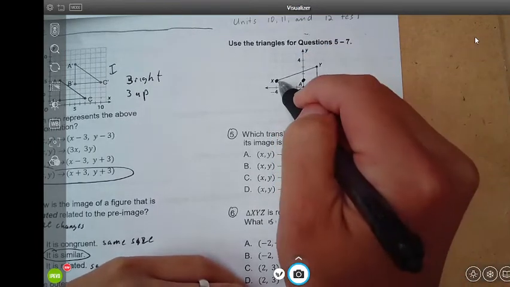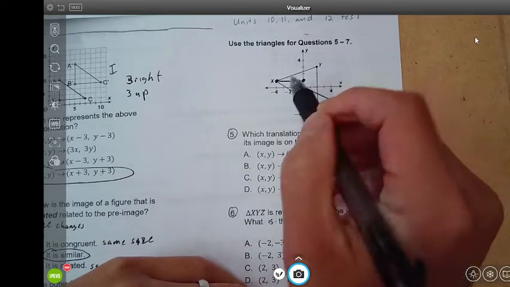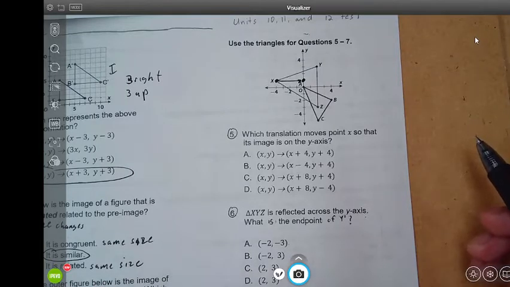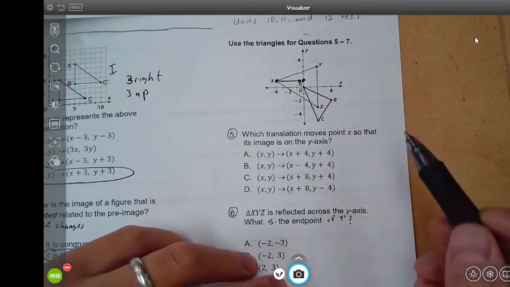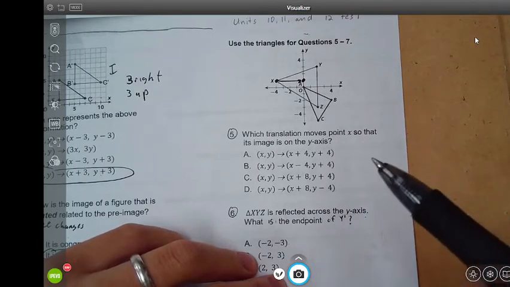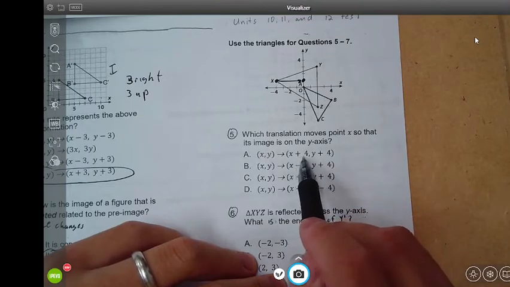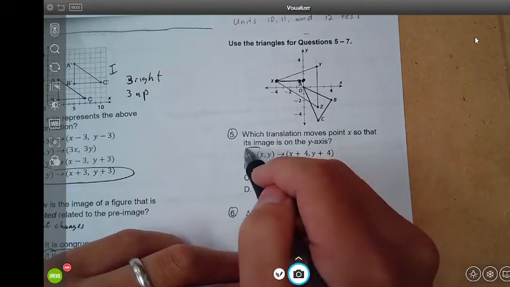So it looks like it would have to move 4 to the right. Anything that says 4 to the right, x controls left and right. Plus means going right, minus means going left. So the only one that has x plus 4 is option A.